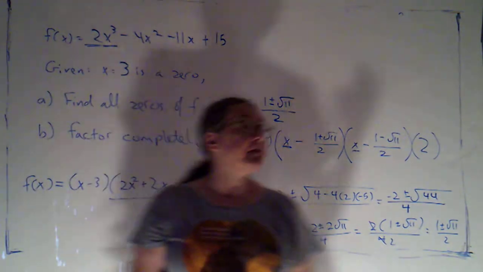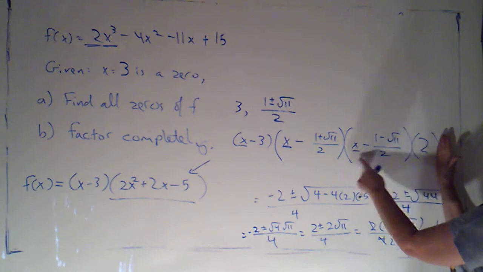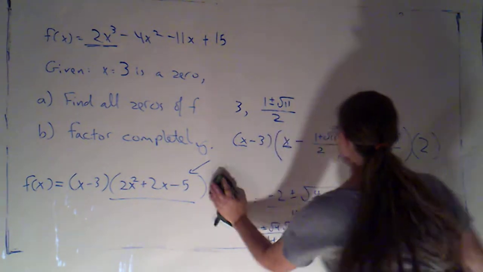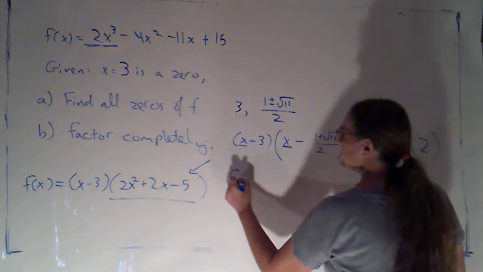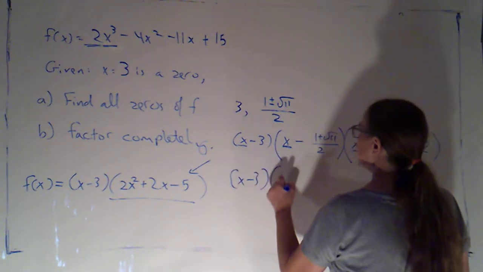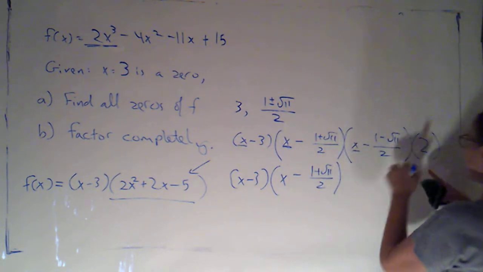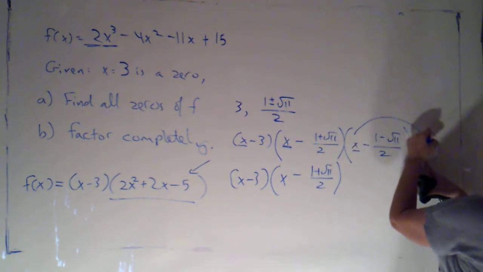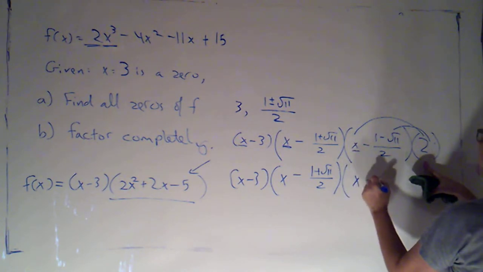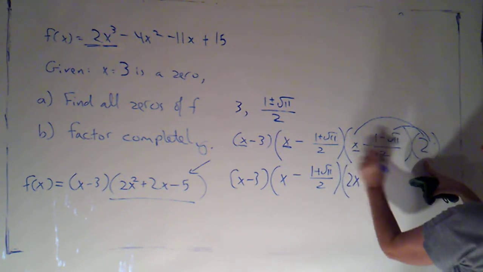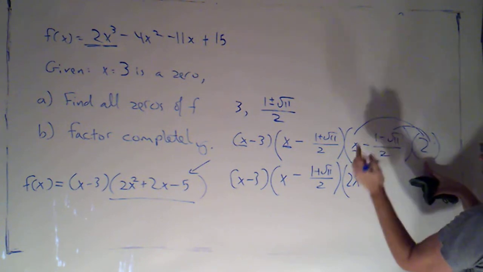Okay. Now, if you preferred to multiply out that 2 and combine it with one of the other factors, you could. So you could say this is x minus 3 times x minus 1 plus root 11 over 2 times, here, I could, if I wanted to, distribute the 2. So I could say it's times x minus, 2x minus, now when I distribute to this fraction, I'll cancel the 2.